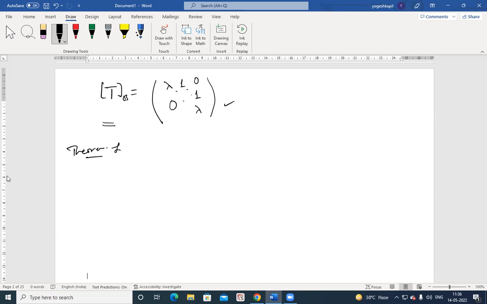Let T belonging to L(V), dimension of V over F is n, right?